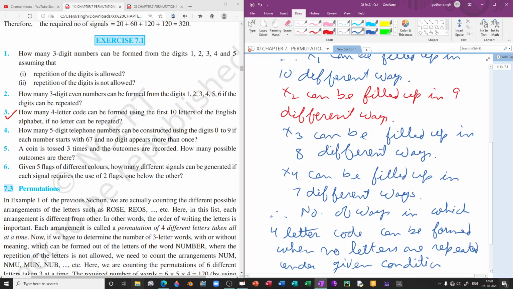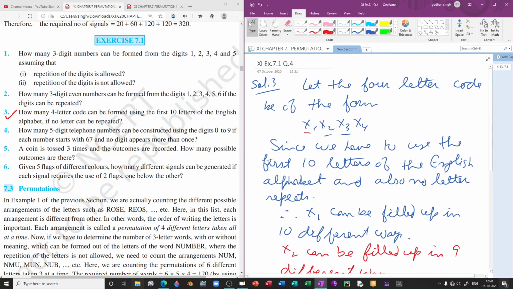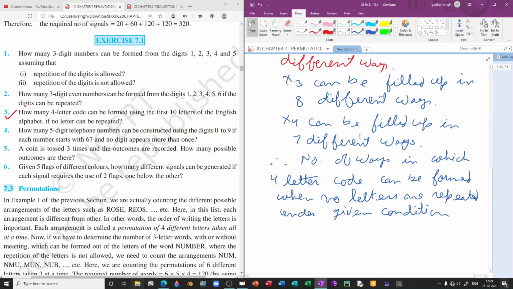So we'll be using the fundamental principle of counting. It says that we simply multiply, because filling up x1, x2, x3, x4 is a continuous process. So x1 in 10 ways, x2 in 9 ways, x3 in 8 ways and x4 in 7 ways. Multiplying them, 10 into 9 is 90, 90 into 8 is 720, 720 into 7 is 5040. So there are 5040 ways. So this is the answer of question number 3.